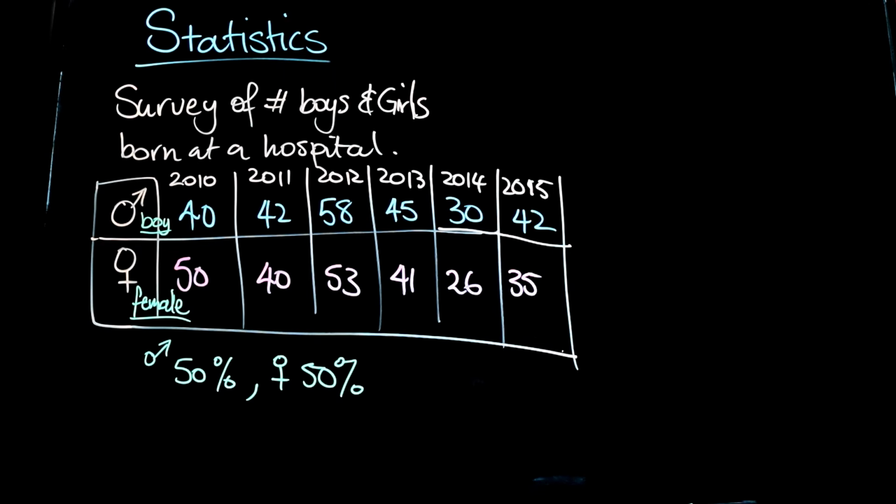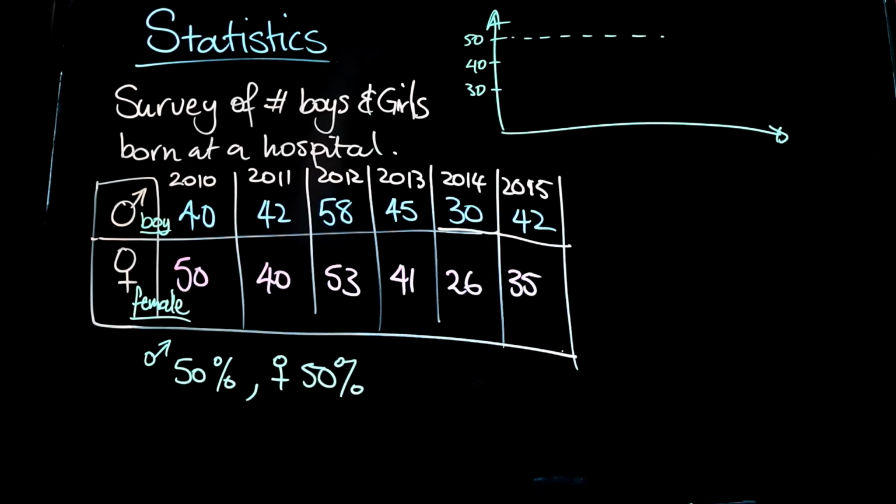So how would I sketch this out? What I would do, and I might use a bit of room up the top here, is draw a set of axes. I can see most of the values here are somewhere between 30, 40 and 50, so I'm just going to draw some lines across at these various points.